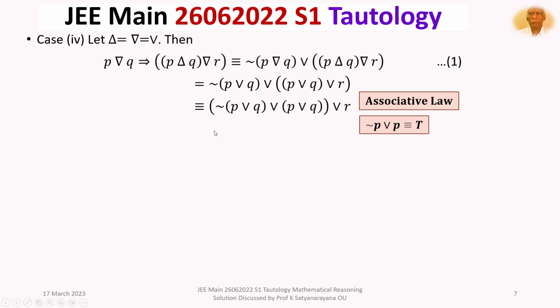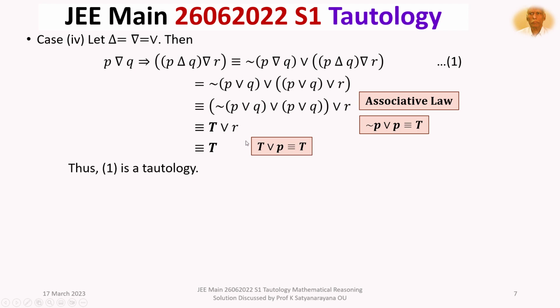Therefore, it is logically equivalent to T or R. For any truth value of R, T or R is T only. So for all truth values of P, Q, R, it takes the truth value T. Therefore, it is a tautology.